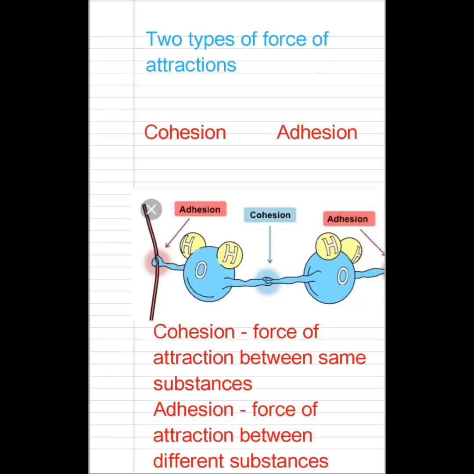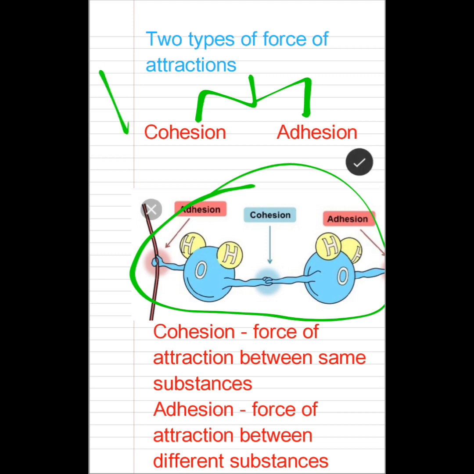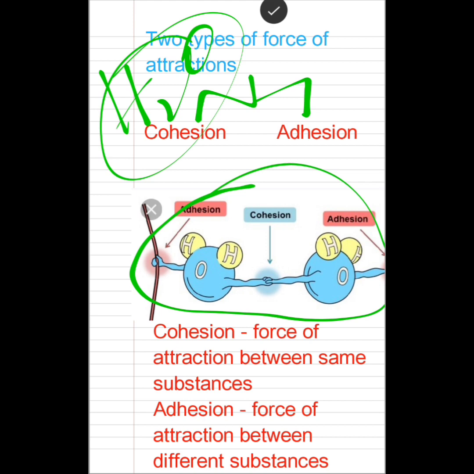There are two types of forces of attraction. One is cohesion, another is adhesion. As you can see, this is the water molecule H2O. We all know that the formula of water is H2O. These are water molecules and these are the walls. When we keep water in a beaker or any glass, what happens?